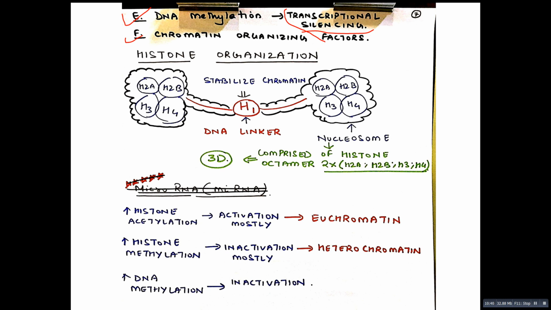A classic thing about histone organization is that we all saw that a histone is wound upon by DNA. This is one nucleosome. This is another nucleosome, which is linked by a DNA linker. There are four main types of histone: histone 1, histone 2, which is subdivided into histone 2A and 2B, and histone 3 and histone 4.